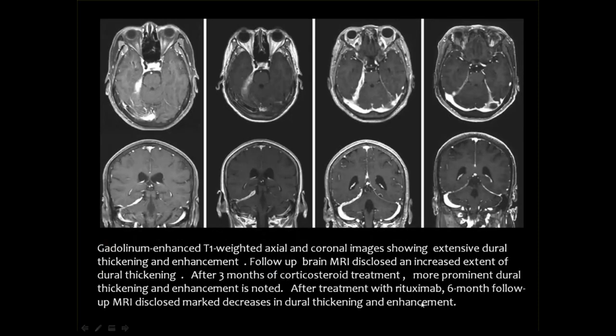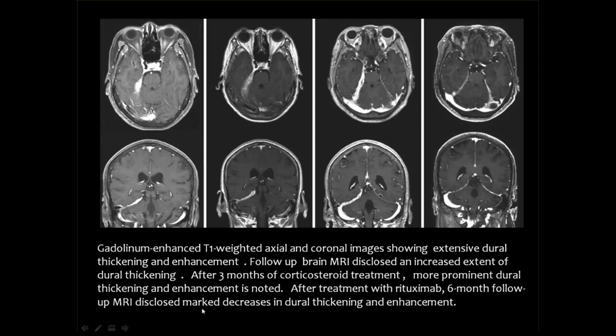Then, if you look here, you can see that there is a diffuse meningeal thickening and enhancement. Then on the follow-up, it does not show significant improvement. The second follow-up shows worsening of the disease, and the fourth follow-up showed some improvement after treatment by this drug.